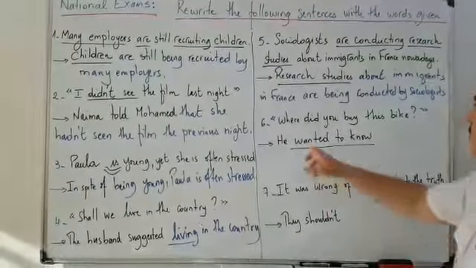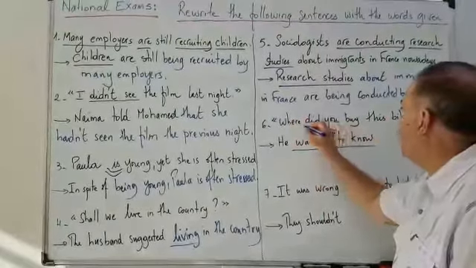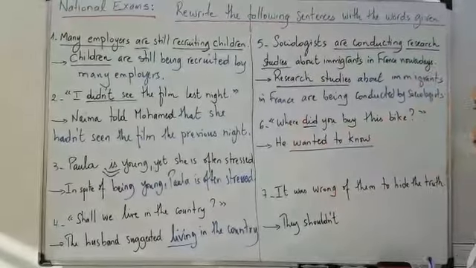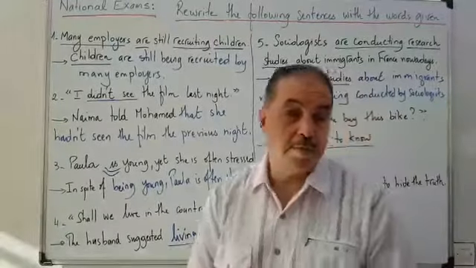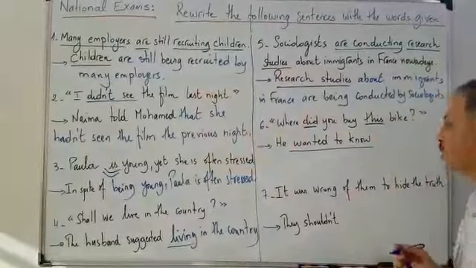Now he wanted to know what? So, where did you buy this bike? We have did, which is simple past, and we know that simple past becomes past perfect. Pay attention to this: we need to change this.